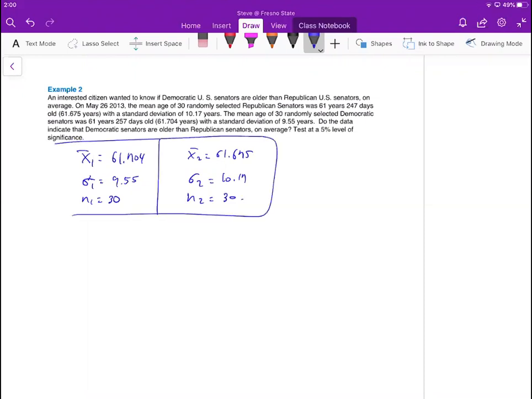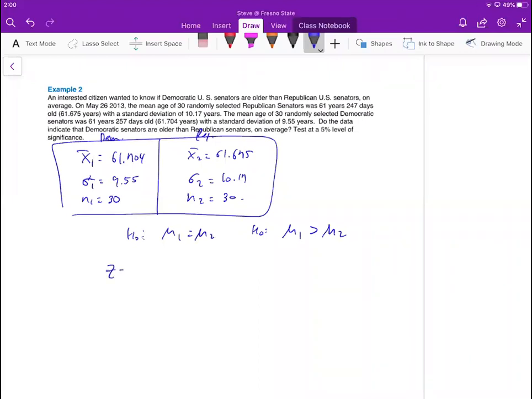So that's what I'm given here, Democrat and Republican. Again, I'm testing mu1 greater than mu2, so therefore the null is simply the equal sign.